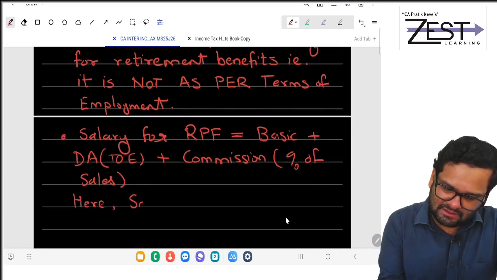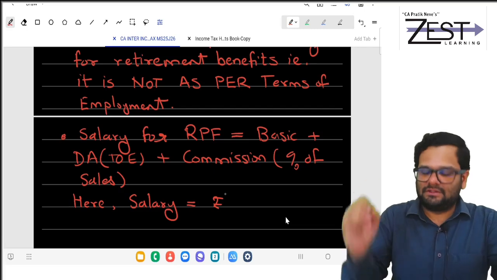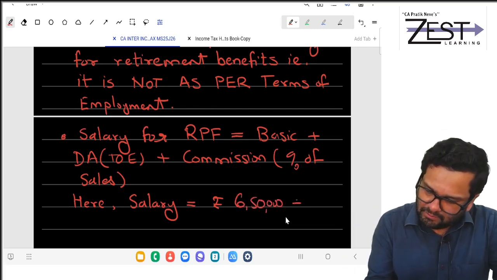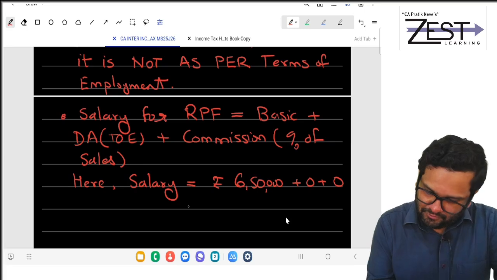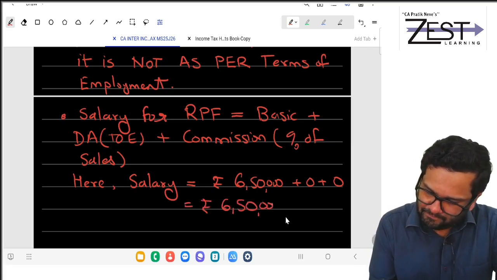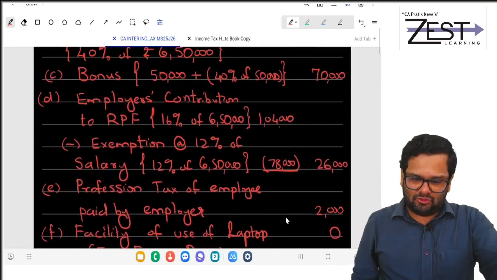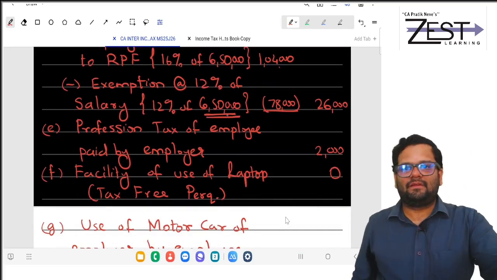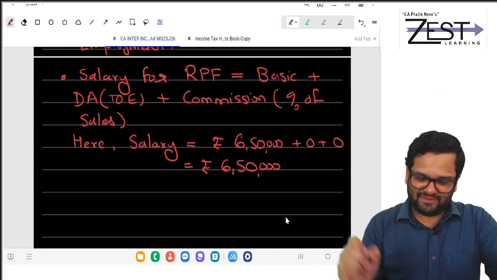Yes, here salary is just rupees 6,50,000 plus 0, which is 6 lakh. I hope you got it. I have given a note so that I can tell you how we got this 650. That's why the note.